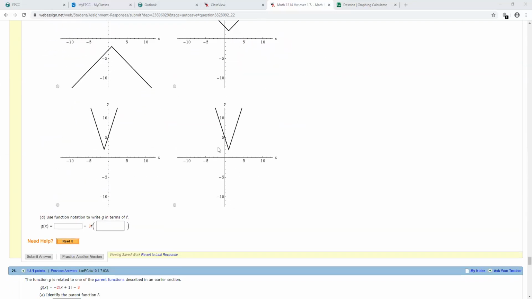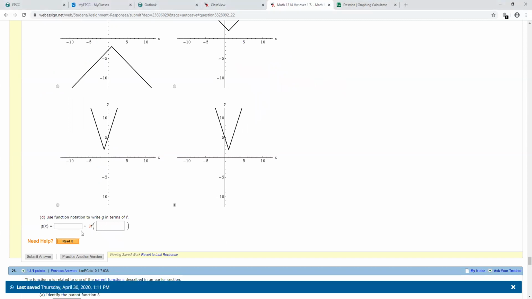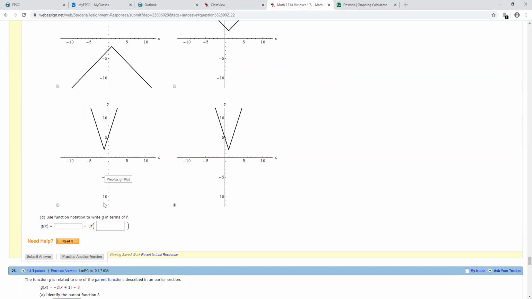So that's this one. And now this part. Let's see if we can do it without me writing anything down this time. Griselda, what did we do anything inside the original function? Was there any transformation done inside? Yes. And what was it?